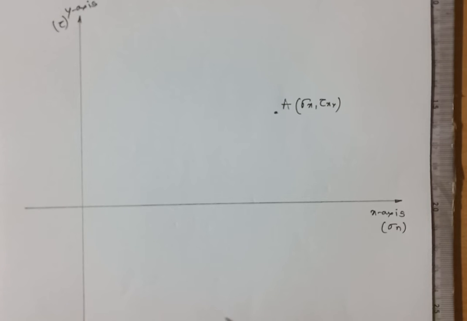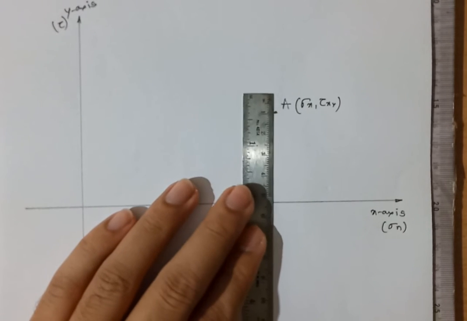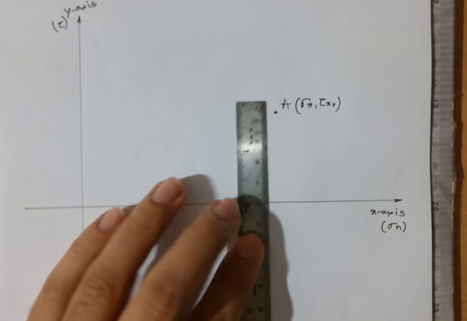So I'll go for plotting of point B with the assumption that sigma x is greater than sigma y and tau xy is equal to tau yx. So I'll just check it out. How much is tau xy? Approximately, it is around 5.4.